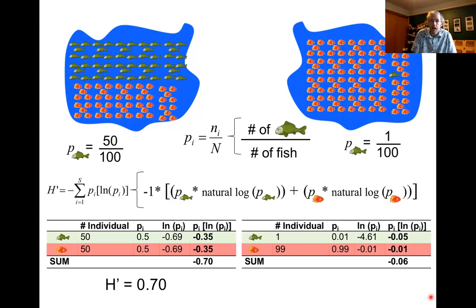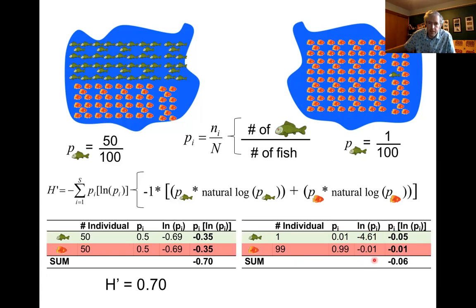If we do it for the other community, now we've only got one individual of the green fish, so its relative abundance is 0.01. The natural log of 0.01 is negative 4.61. If we multiply these together, we get negative 0.05. For the red fish, we've got 99 individuals, so its relative abundance is 0.99.